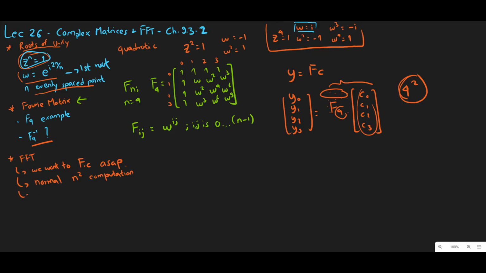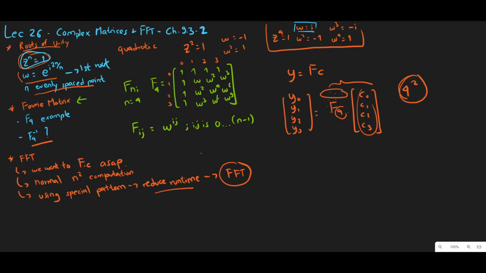But we can make this special by using a special pattern that I will introduce to you. Using the special pattern, we can reduce the time, and this is all FFT is about: reducing the computation time and computing faster.